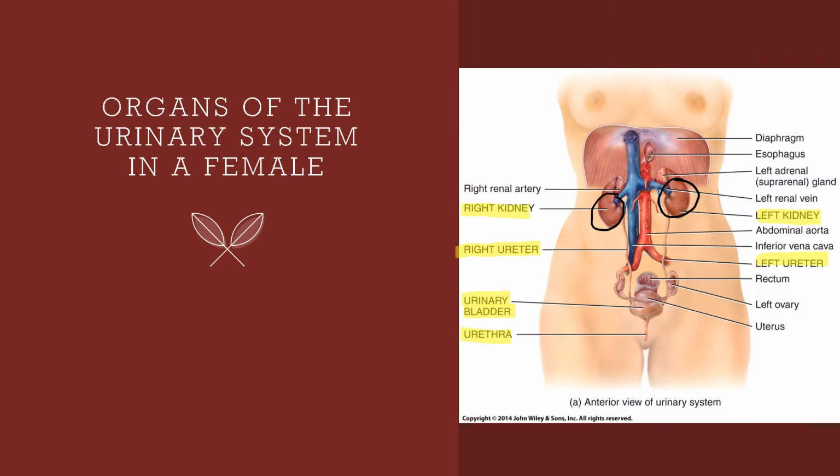Now there are four major functions of the urinary system. The first one is regarding the kidneys. They will regulate blood volume and composition.